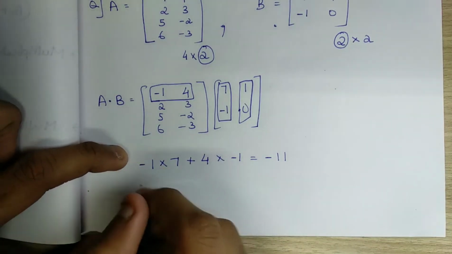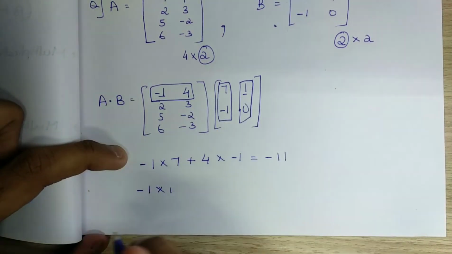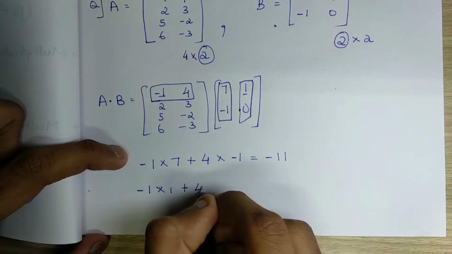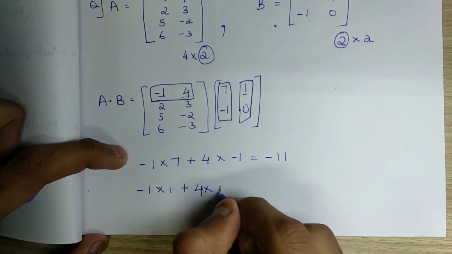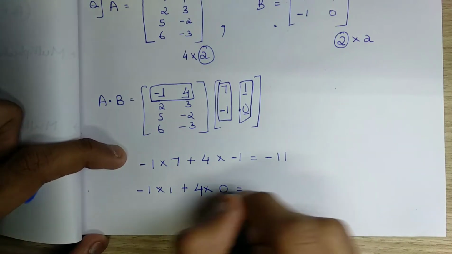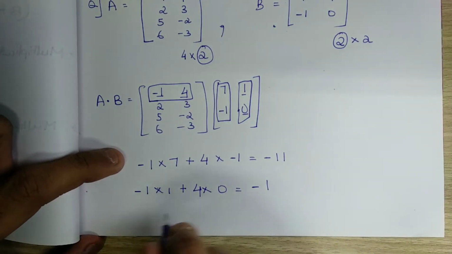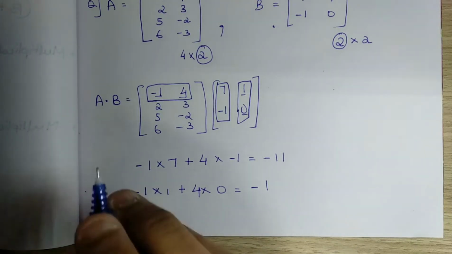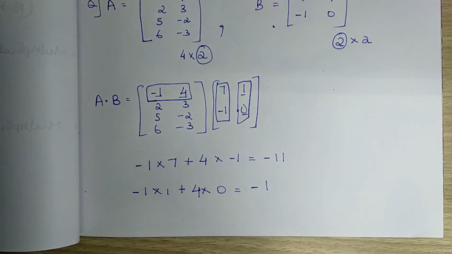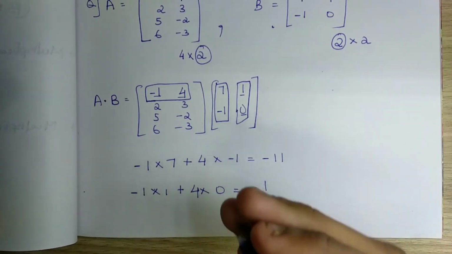So here we go. -1 into 1 plus 4 into 0, which gives us -1. Now we use the same thing and we continue on along the rows and columns as follows.